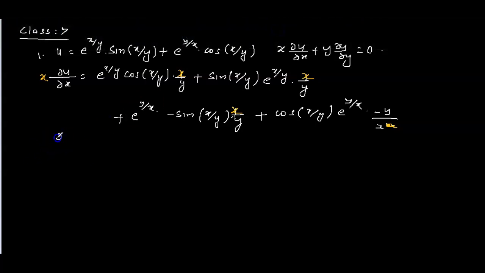Now del u by del y. Again u into v: e power of x by y cos of x by y into this one with respect to y.